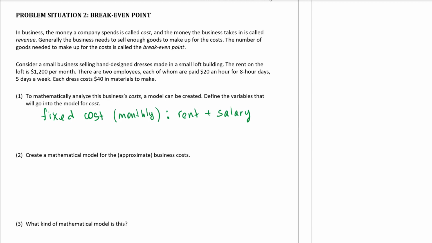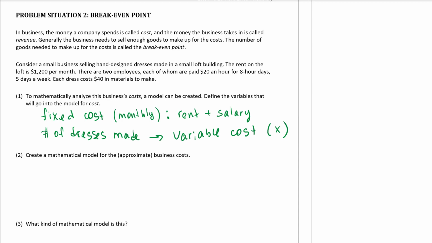And then the other thing, which is dependent, is the number of dresses made. That's going to be a variable cost, because depending on how many will be made, it costs $40 to make one. So therefore, we need to define a variable. We're going to call that X.